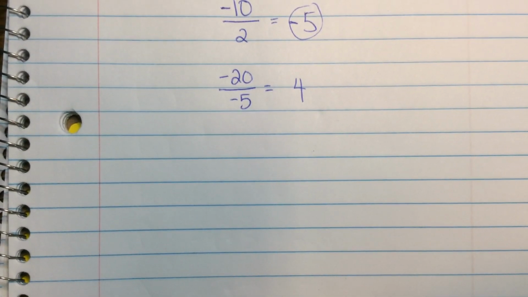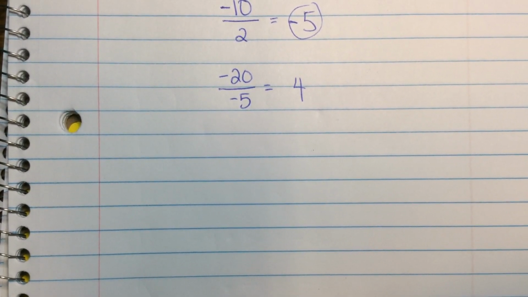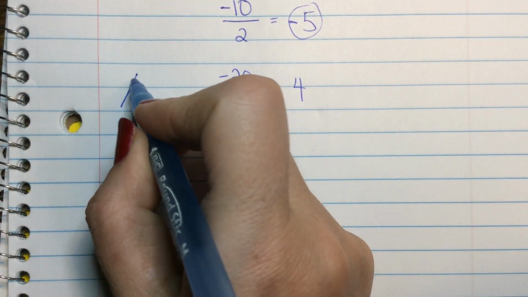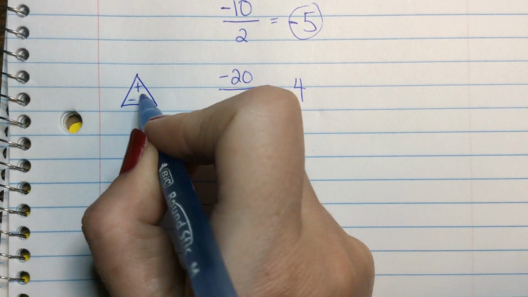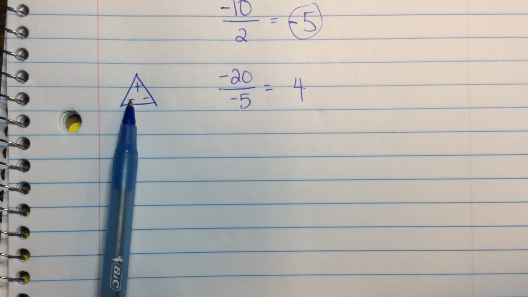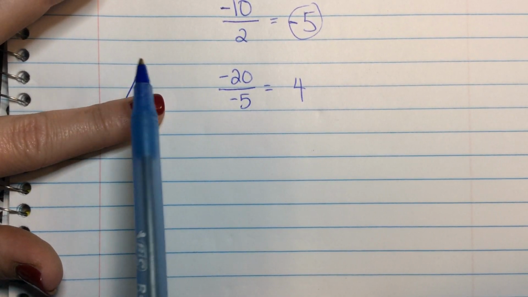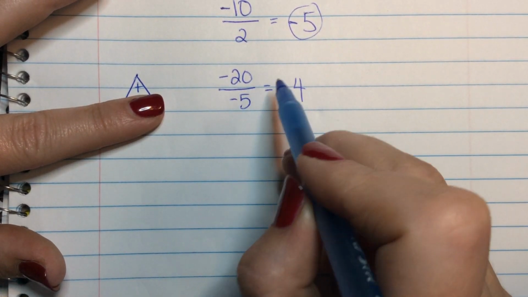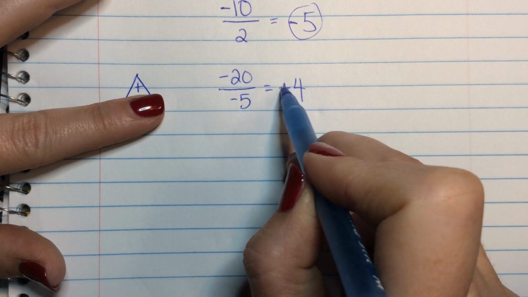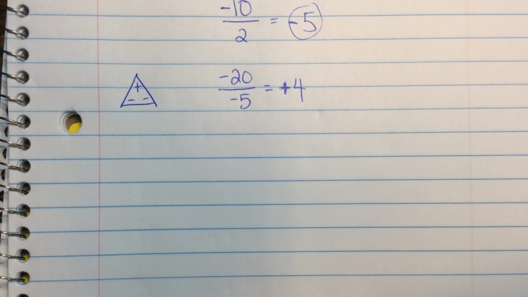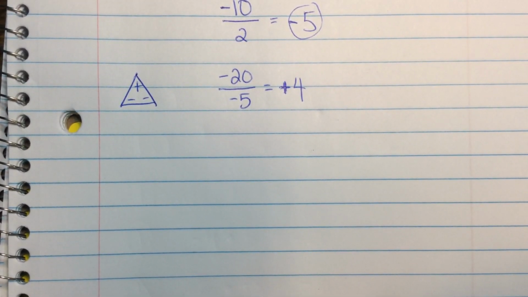The only question is, is it positive 4 or is it negative 4? So let's redraw our triangle so we can see it. And we have a negative 20 and a negative 5. So I'm going to cover up the negatives and my answer is positive because that's what's left over. And again, I don't need to write the positive. Positive is understood to be there, but I'm going to write it anyway just for clarification.